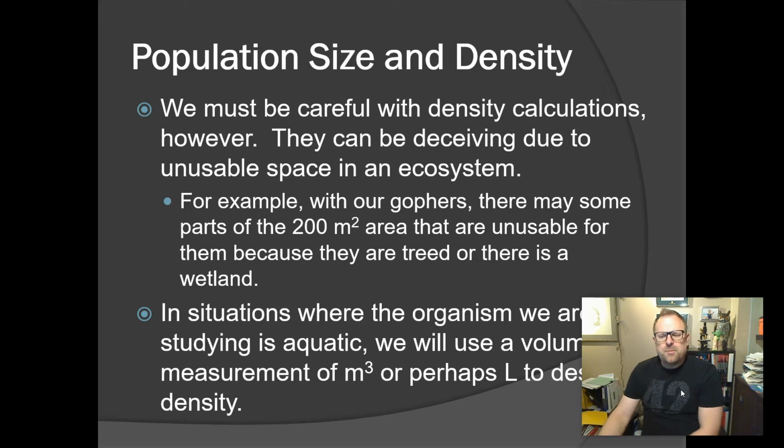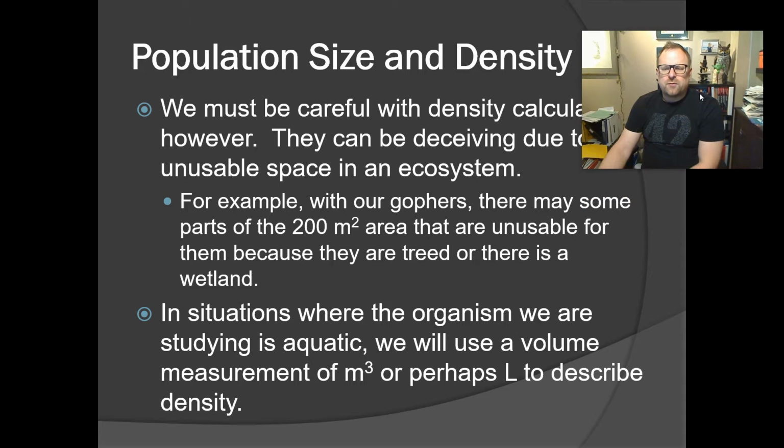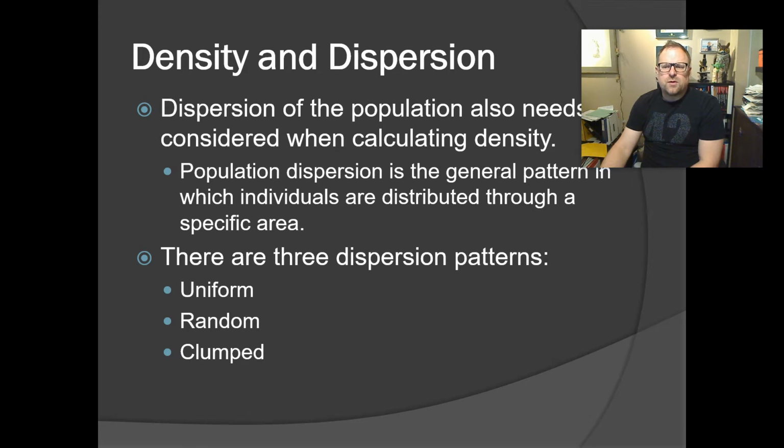So they're not going to be able to use that for whatever reason. In situations where we're studying an area that is aquatic, so we might be studying a pond or a stream or something like that, we're going to use a volume measurement of meters cubed or liters perhaps to describe what we're talking about rather than talking about square meters. So we'll use a different sort of measurement there.